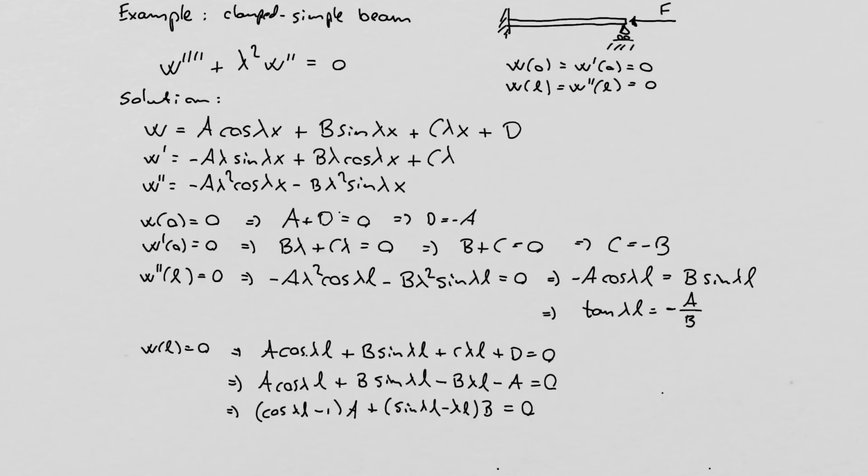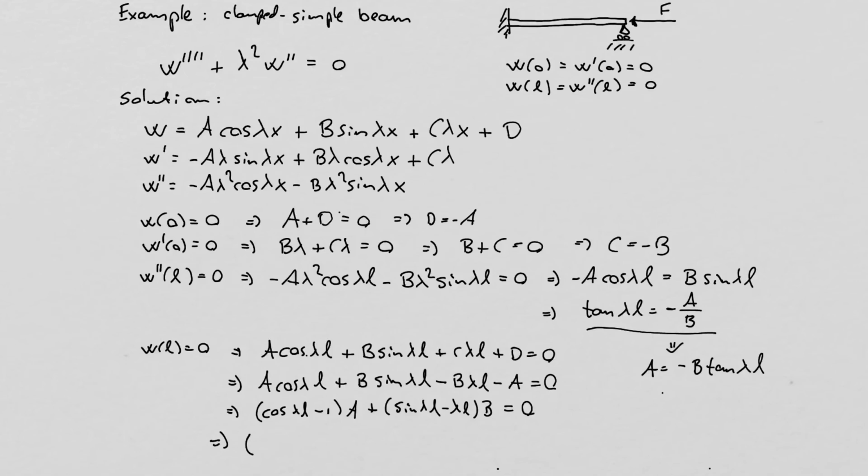Now we can also express our coefficient A in terms of B from this equation. So we can here express that our A is equal to minus B tangent lambda L. Now we can insert that into this expression here.